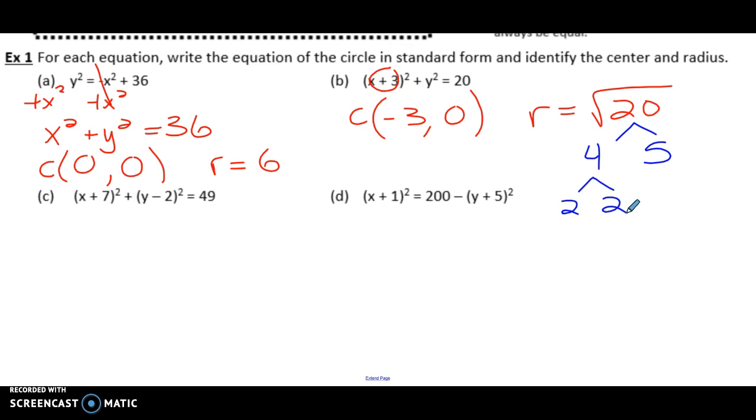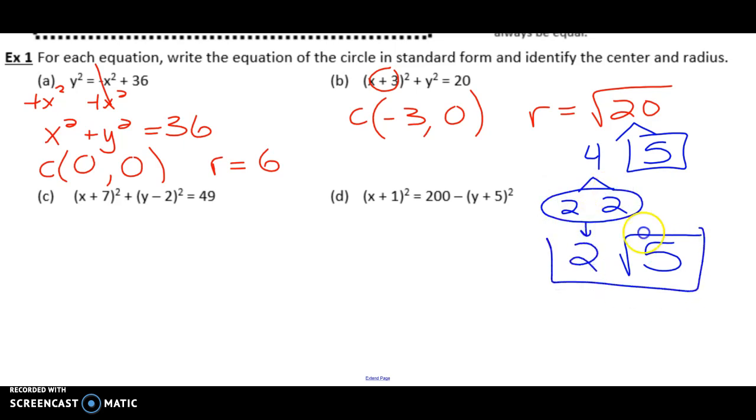Sometimes the multiple choice answers are in simplified square root form, so you need to remember how to get there. So 5 does not have a date, so he's going to stay inside the house. And we have one pair of 2s. That means we have a 2 out front representing the couple that gets to go to prom. So 2 square root 5 would be your final simplified answer.